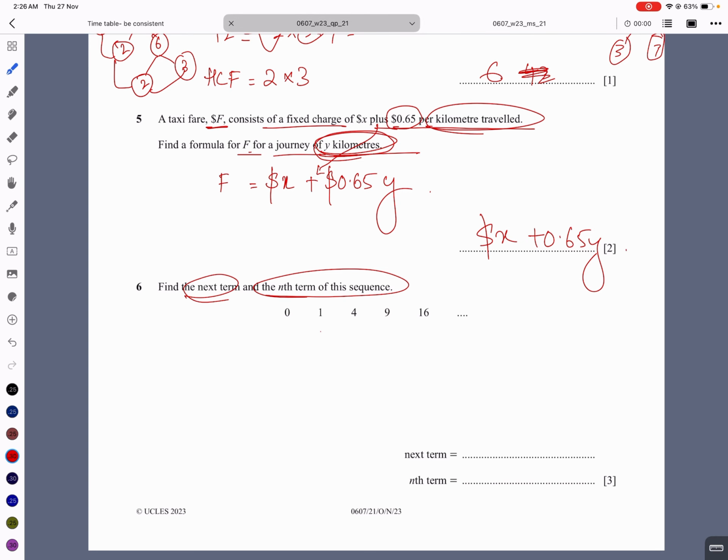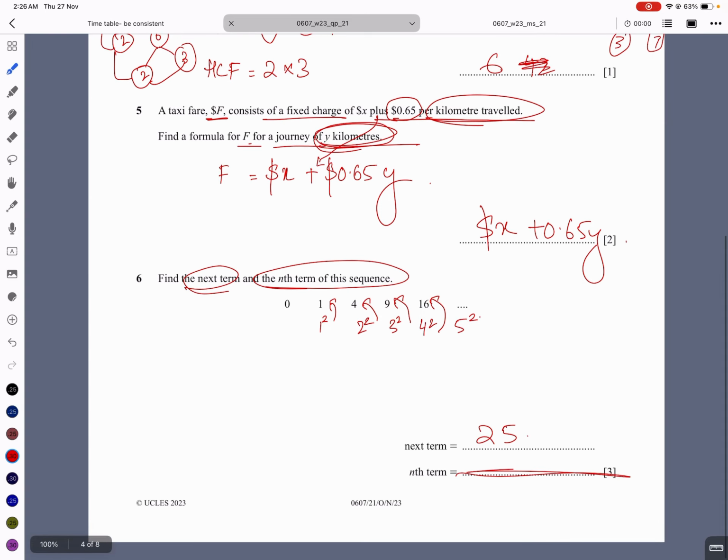Find the next term and the nth term of the series. Here if you observe, 1 squared is 1, 2 squared is 4, 3 squared is 9, 4 squared is 16. So next obviously will be 5 squared, which is 25. Find the nth term of the series. For the first value, you take any value minus 1. 1 minus 1 is 0, and I square it, so 0 squared is 0.